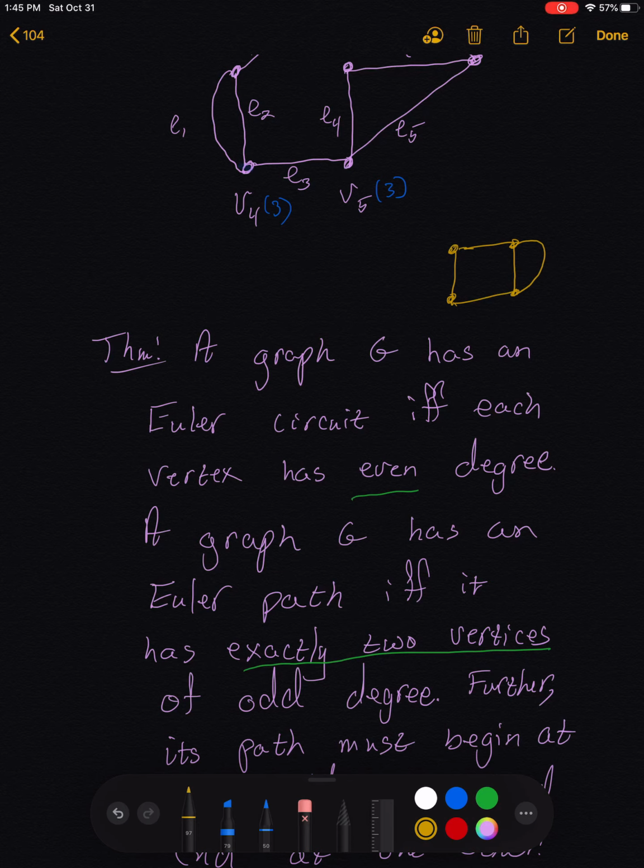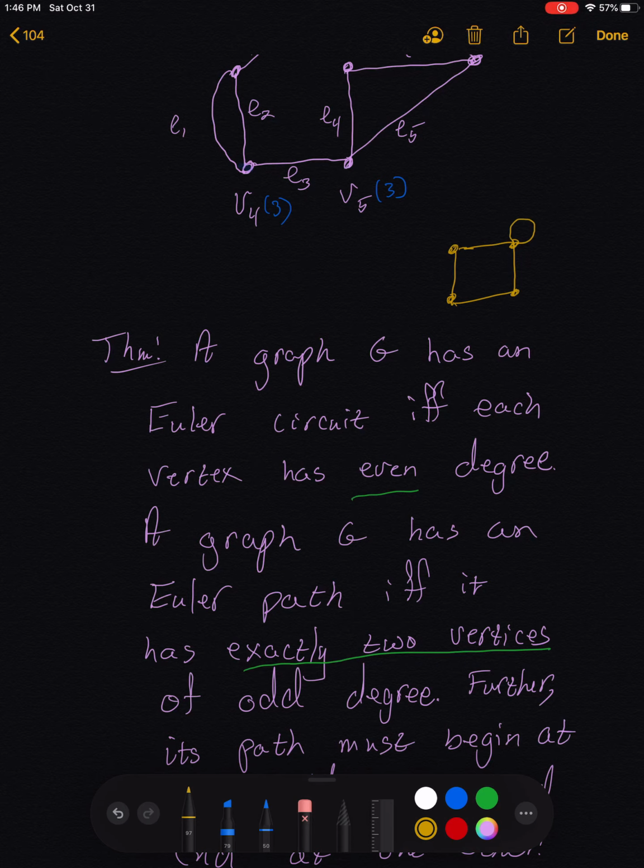The only other thing to try is maybe just do a loop, connect the vertex to itself. Okay, and now it looks like there's one odd in this case, that upper right vertex, but that loop would actually add 2 to the degree, because it's attached to the vertex in 2 different places.